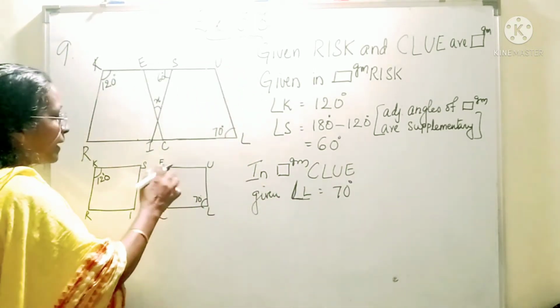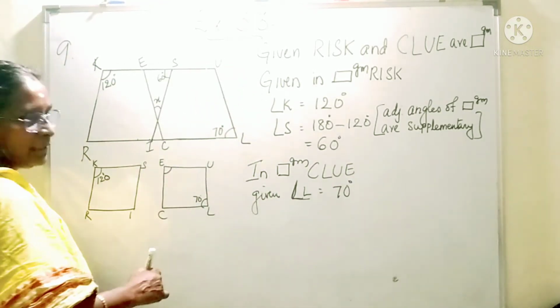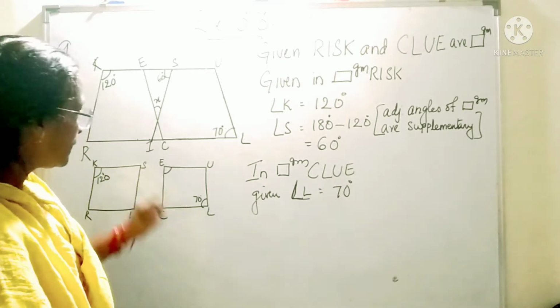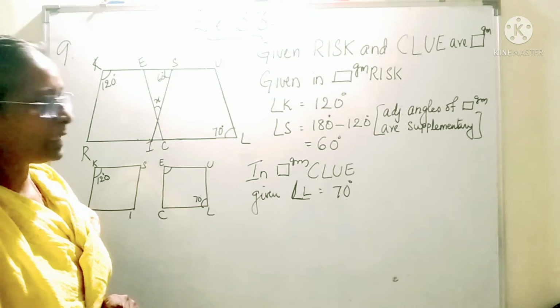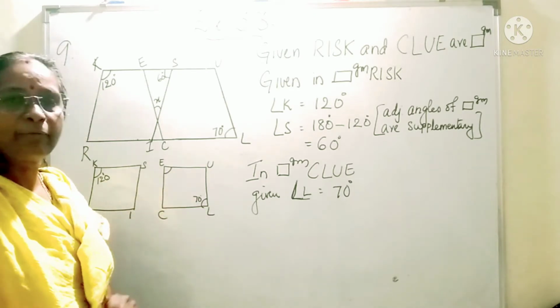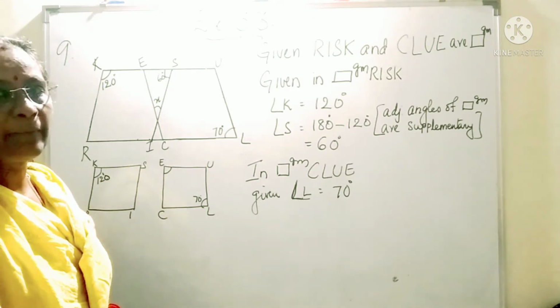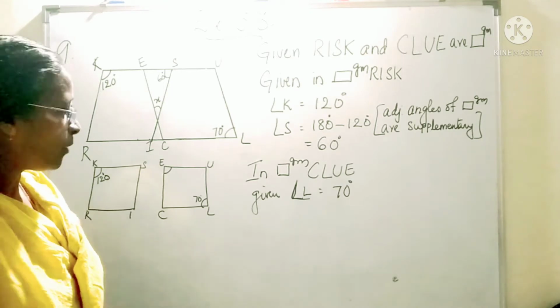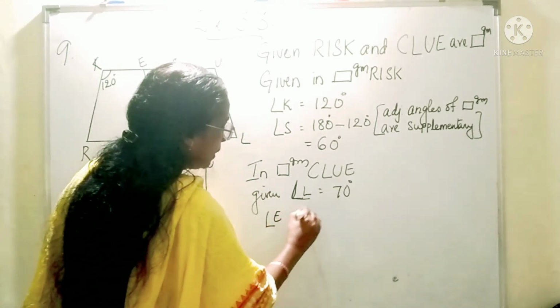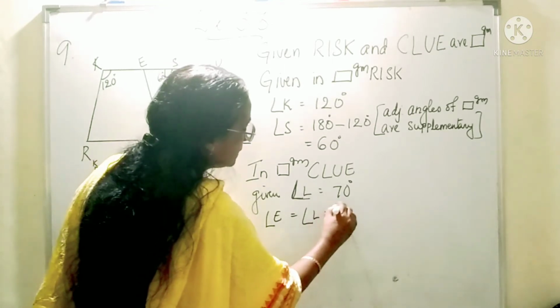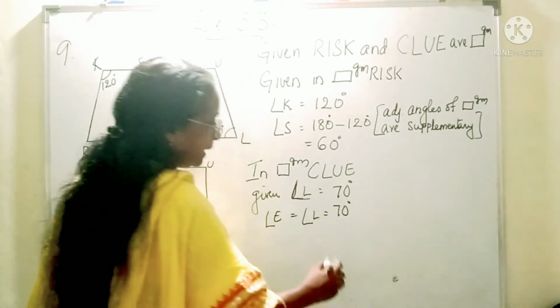Now what do we have to find out? We have to find out E. What type of angles are these two? E and L are opposite angles of the parallelogram. What is the relation between opposite angles of a parallelogram? They are equal. So angle E is equal to angle L is equal to 70 degrees.